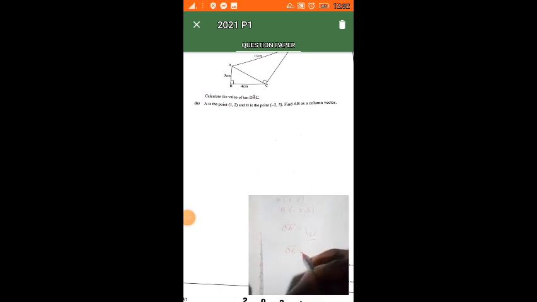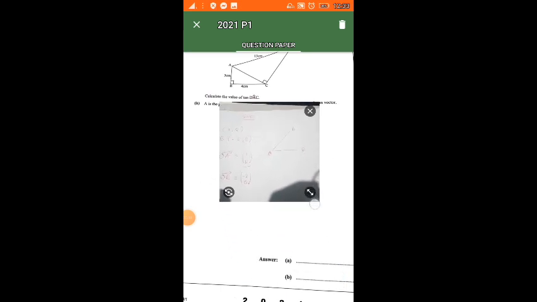The position vector for A is OA, showing direction, equal to 1, 2 in column form. Then for B, it is OB, which is equal to negative 2, 5.